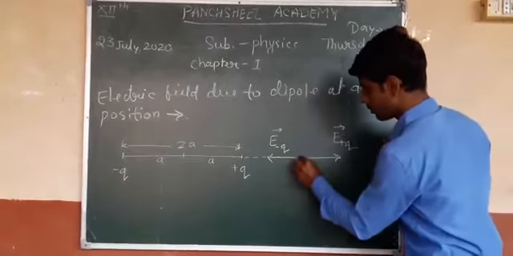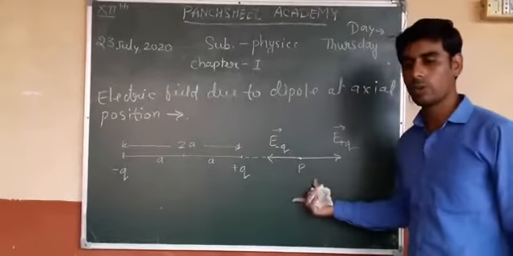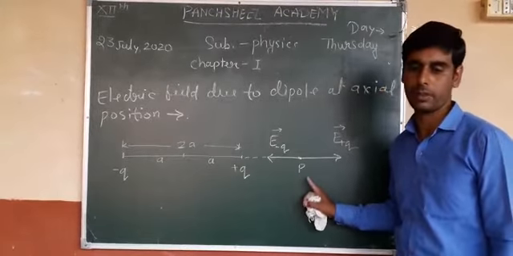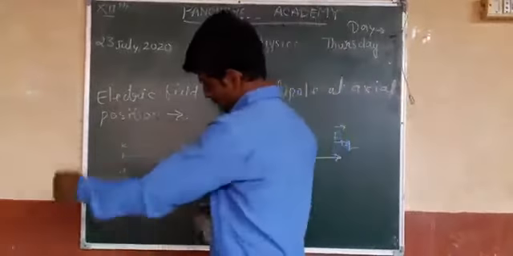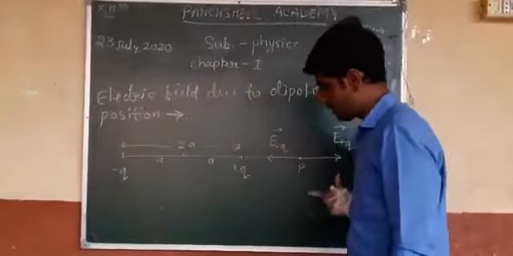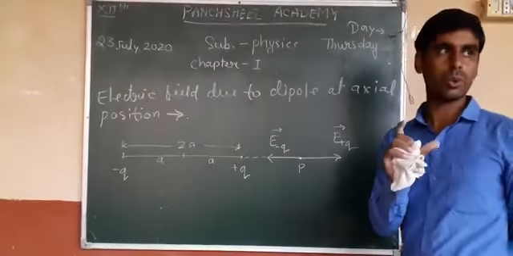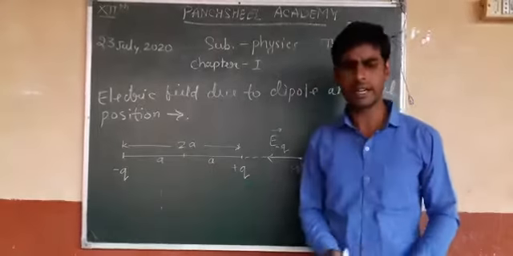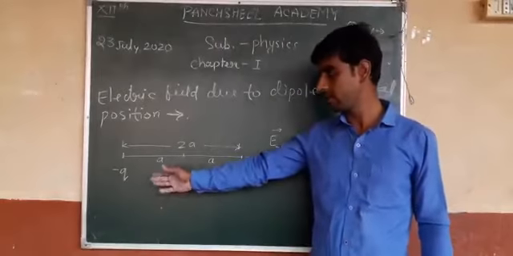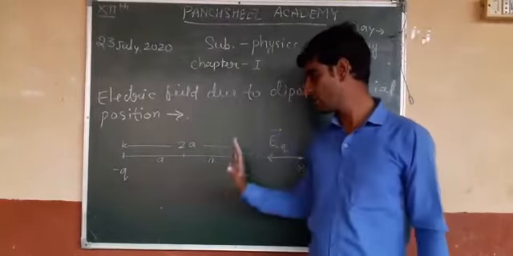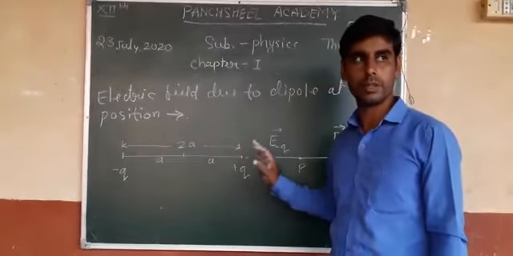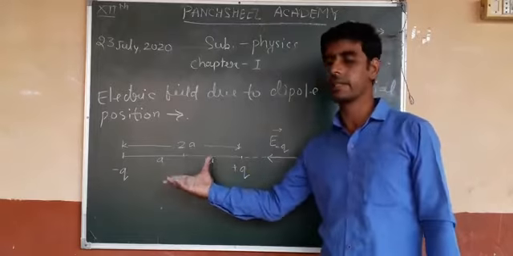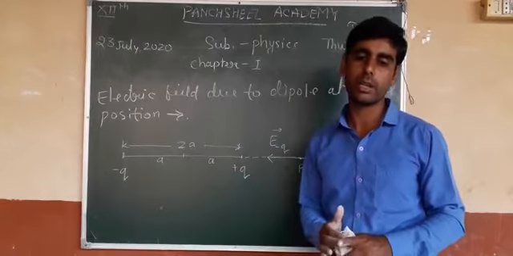So we want to calculate the net electric field at point P. Before starting this derivation, you must write some consideration, so write in your spare copy: suppose minus q to plus q is an electric dipole and 2a is the separation between the two charges of the dipole.